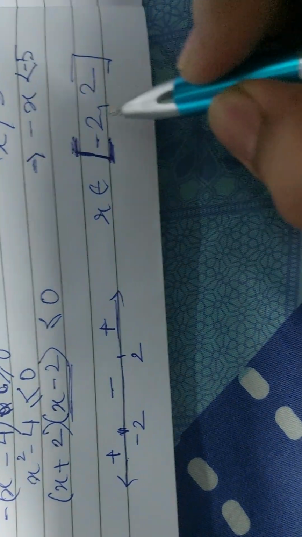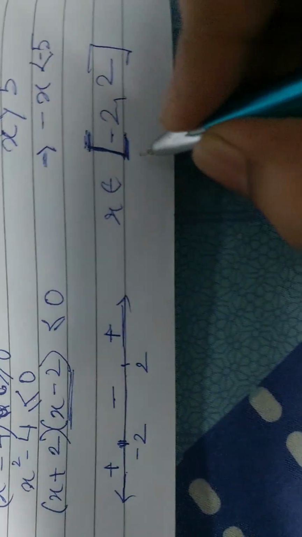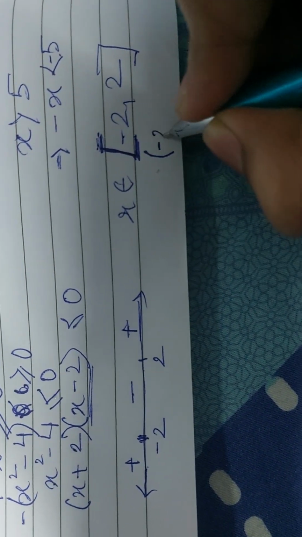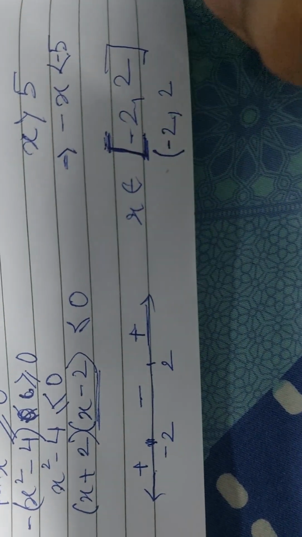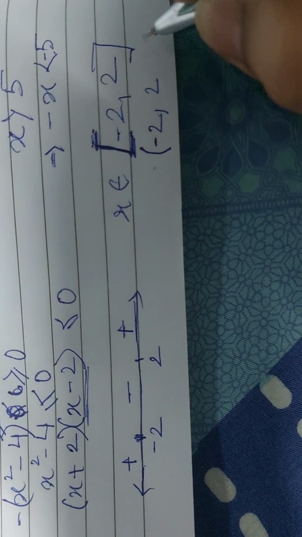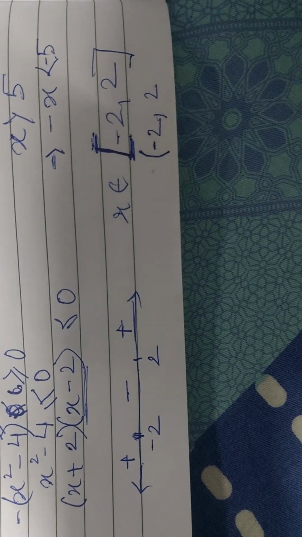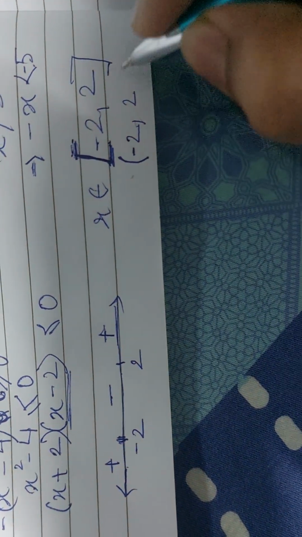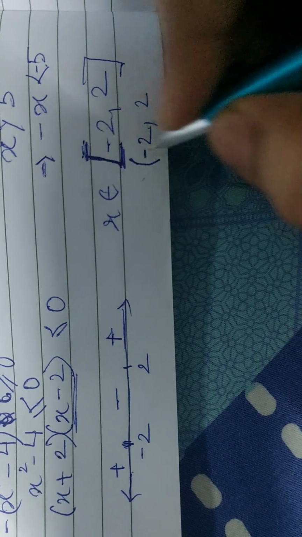If I use the first bracket, that means I am including all the values that are near 2 or minus 2, like 1.9, 1.8, but I am not including 2 and minus 2 in my answer. That is the difference between these brackets.